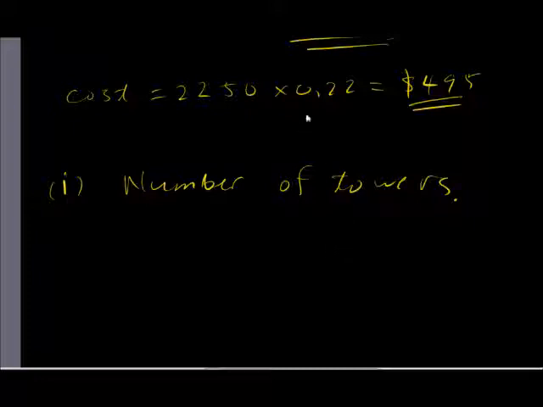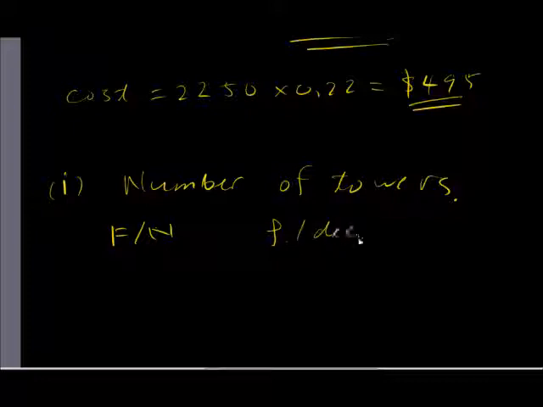Alright, then let's look at the table. The parameters that determine the number of towers that we need to support the cable are the F number and the density of the cable, since we know that the cross-sectional area of the cables is the same.